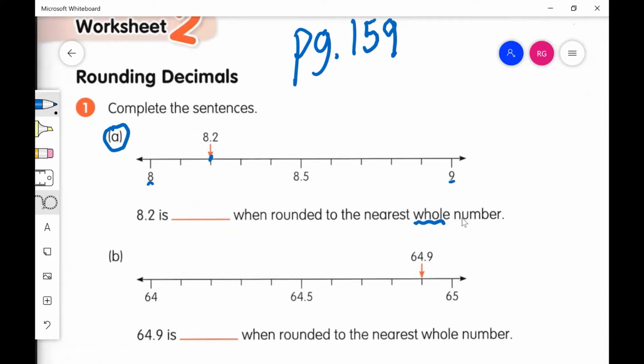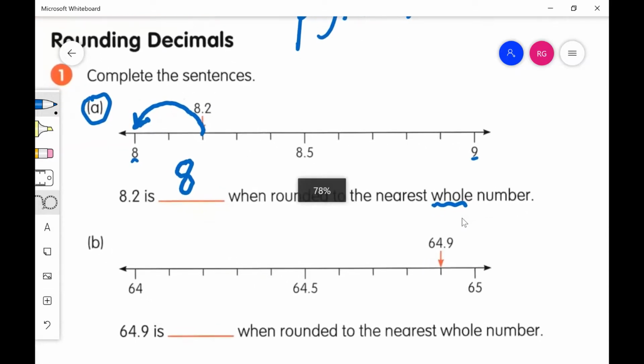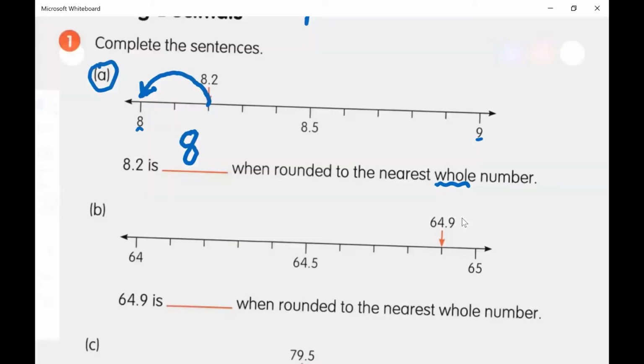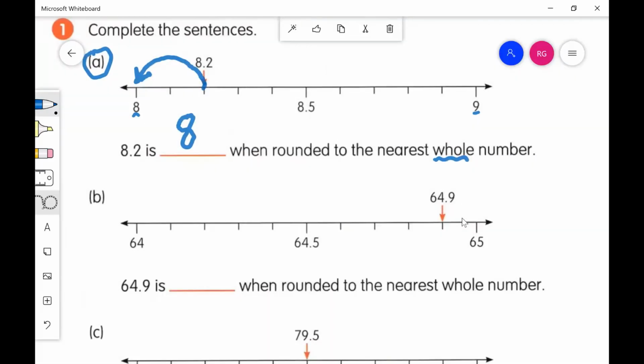Is 8.2 closer to the 8 or closer to the 9? 8. Yes. So should we round up or round down? Round down. Yes, we're going to round down. And what does that become? 8. Perfect. So we can say 8.2 is 8 when rounded to the nearest whole number.